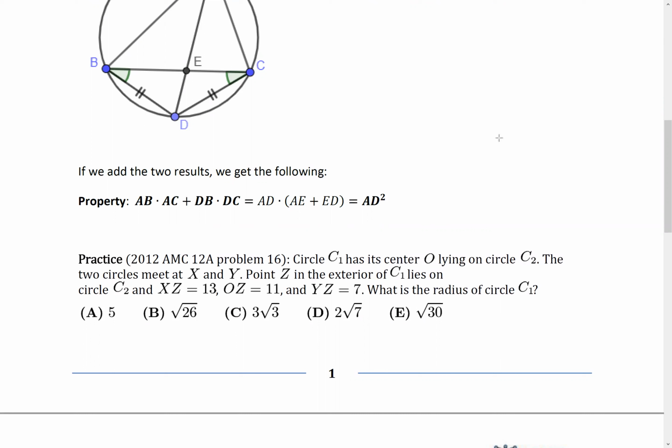Circle C1 has its center lying on circle C2. So let's see, like this. This is O, this is C1, this is circle C2.